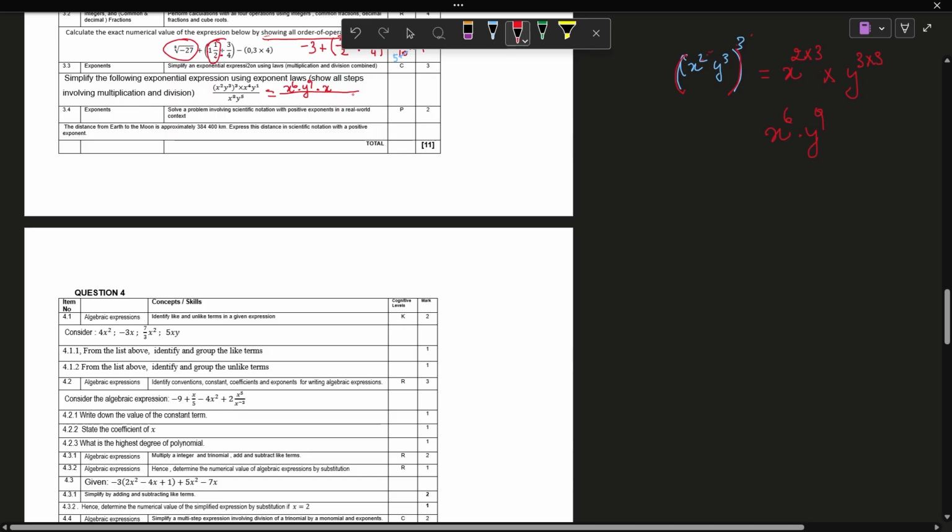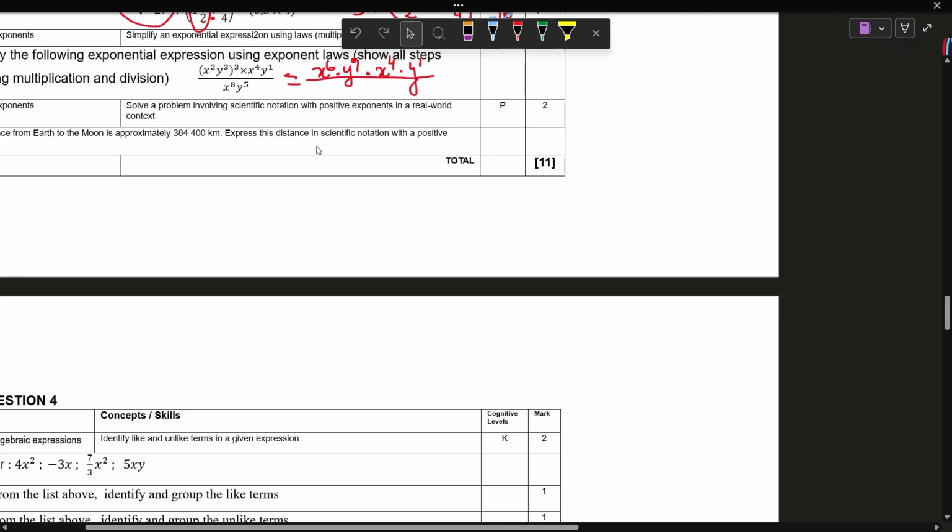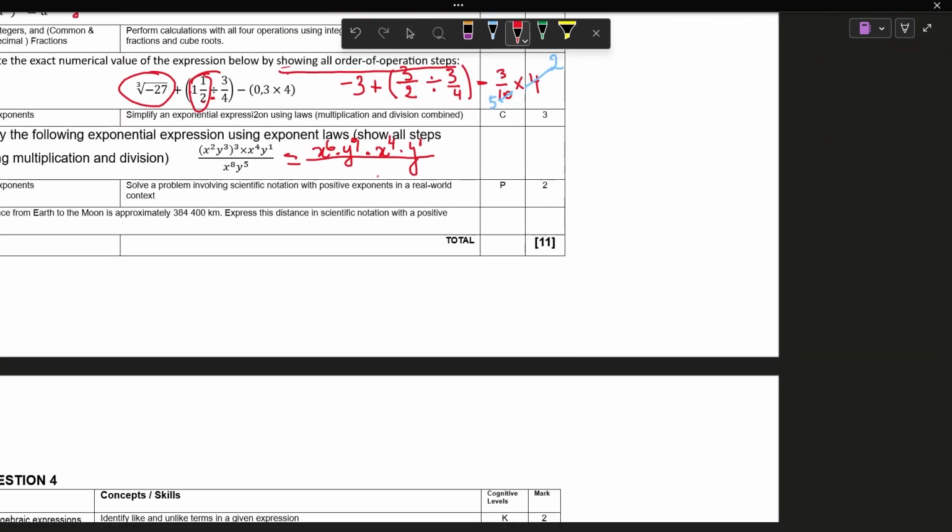I'm sure it's clear. It's 9 times x to the 4 times y to y exponent 1 over, let me just zoom in, maybe it's not very clear. And now down here I've got x exponent 8 times y exponent 5. Okay, so we were able to remove the bracket.